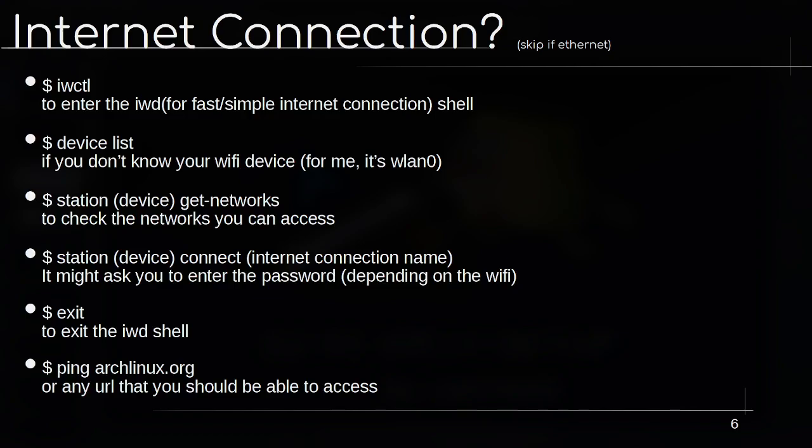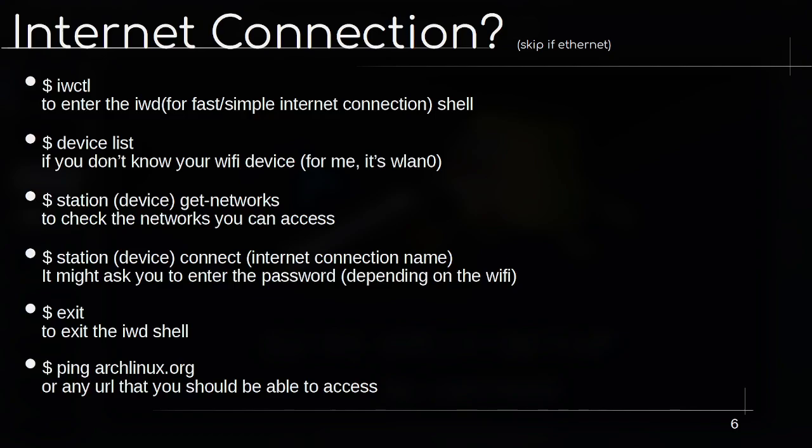Now, if you've never done this before, I'd recommend you type device list so that you can actually check what Wi-Fi device you're using. For me, it was wlan0. I think it's the same device for most people, but you can just check which one it is for you. Now, depending on your device, you do station, device, get-networks.